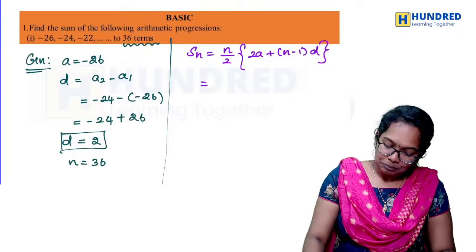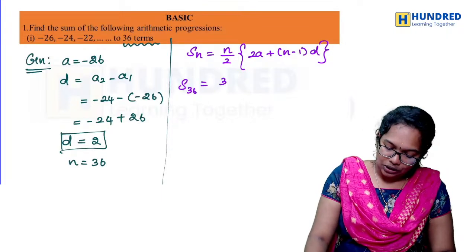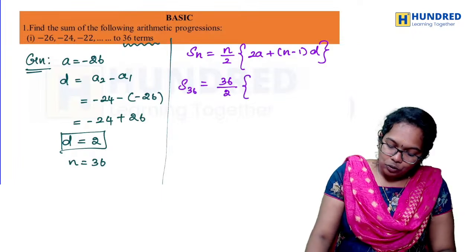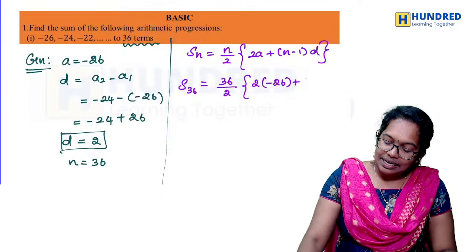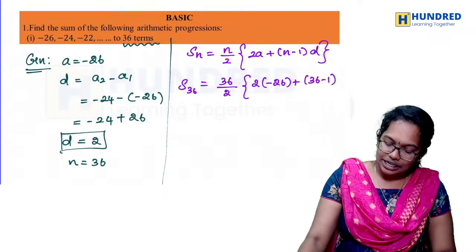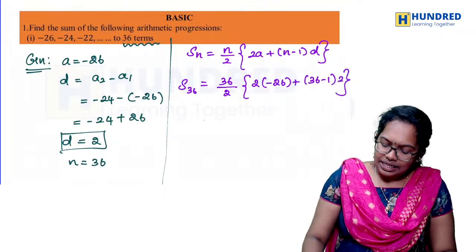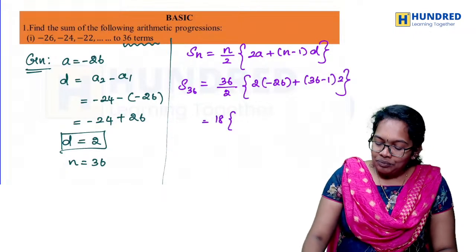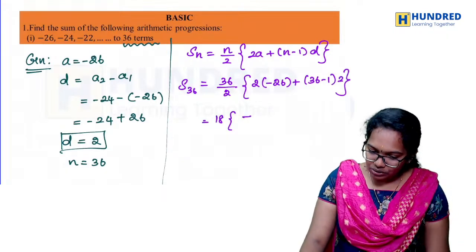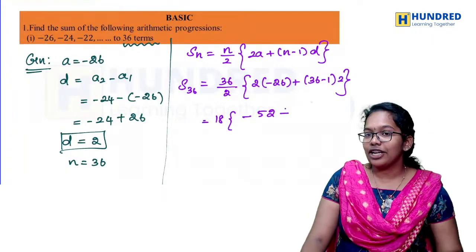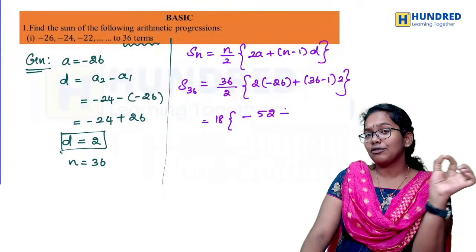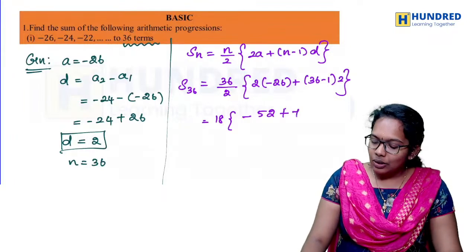So S36 is equal to 36 divided by 2, into 2 into a, which is minus 26, plus n which is 36 minus 1, into d, which is 2. Okay, so this is 18 into minus 52 plus 35 into 2, which is 70.